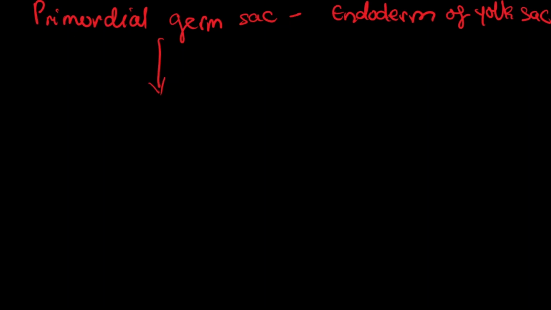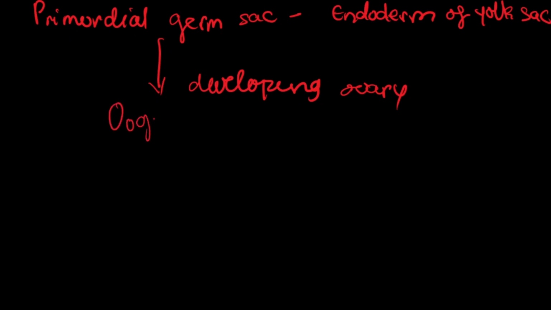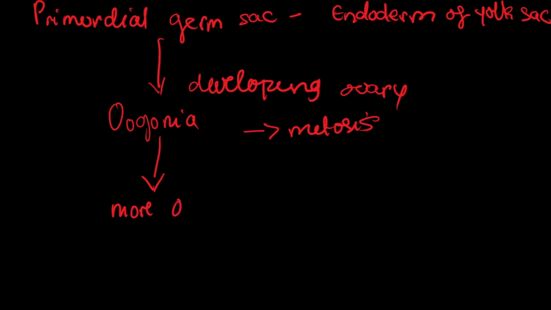So they migrate to the developing ovary, and when they migrate, they differentiate. These primordial germ cells differentiate into oogonia. Now these oogonia cells proliferate or multiply by mitosis. Now we have more oogonia cells.